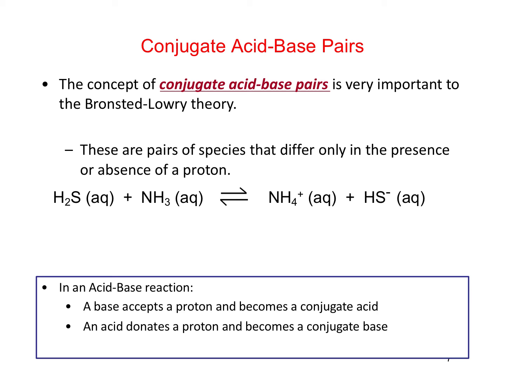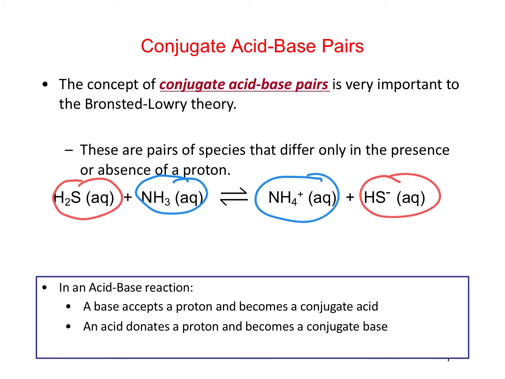So the two conjugate pairs in this reaction are H2S, and then its pair is HS-. Those compounds only differ in that the H2S has an extra H+ compared to the HS-, or we can think of it as the HS- has one less H+ than the H2S. Or the other pair here is the ammonia, NH3, and the ammonium ion, NH4+.